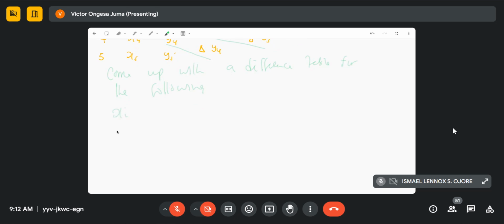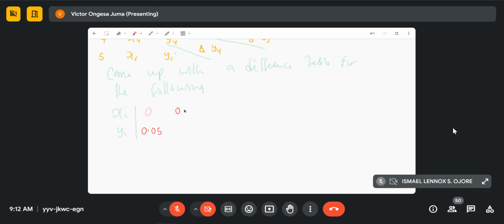So I have xi. Is this green clear? Let me use a different one. So that is 0. Let me go back to this. That's 0.05.